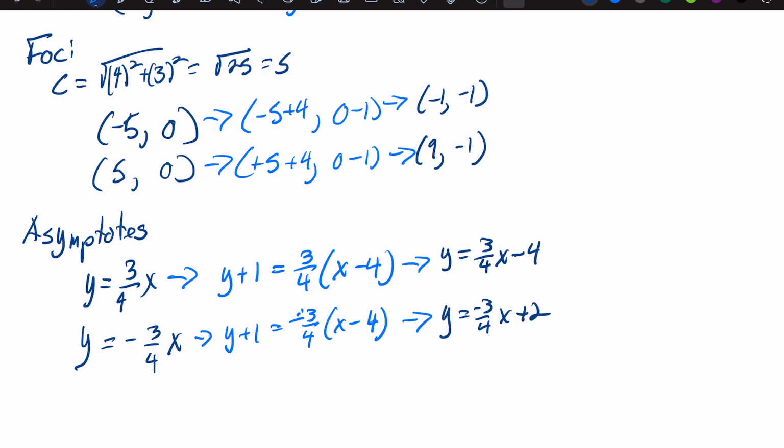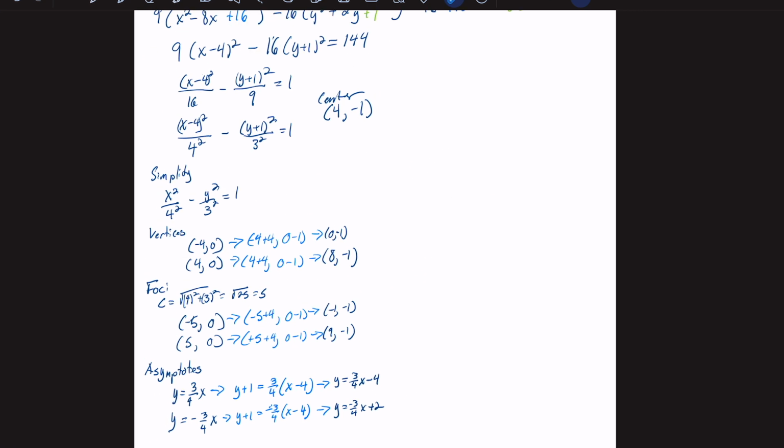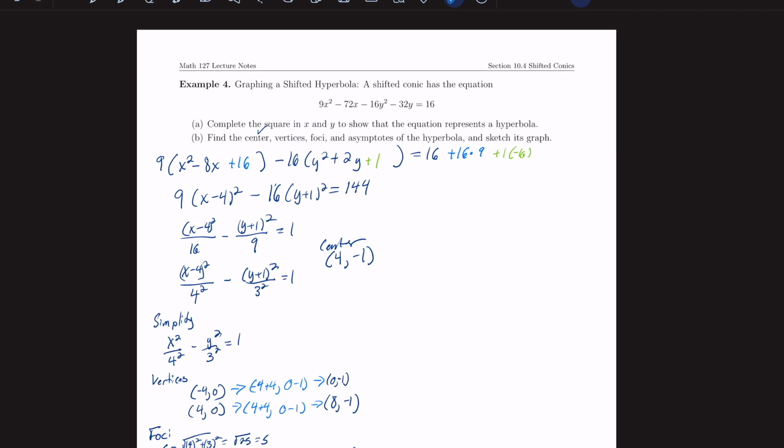Just real quick, if we multiply 3/4 by 4, you get 3, so this would be -3 minus 1 gives me -4, -3 times -4 divided by 4 gives me +3 minus 1, giving me the 2. All right, so now we have all our points shifted.